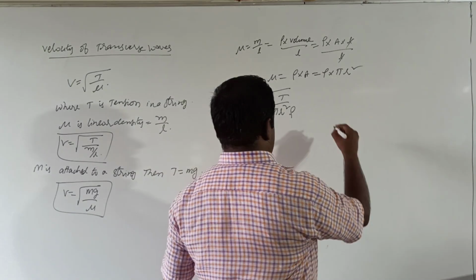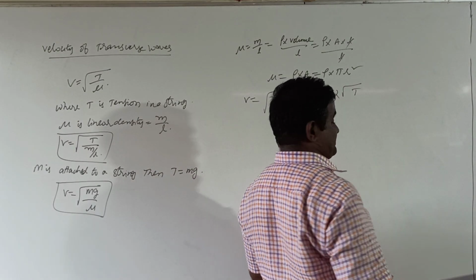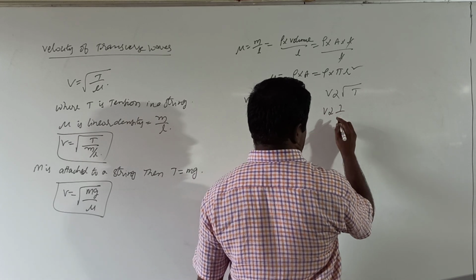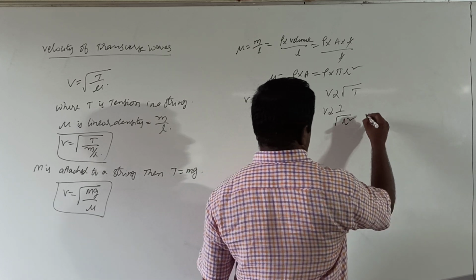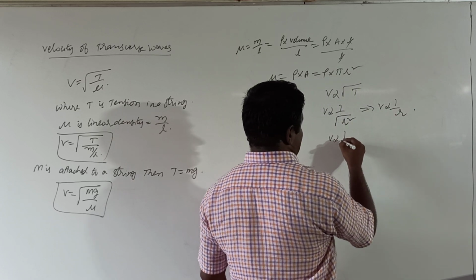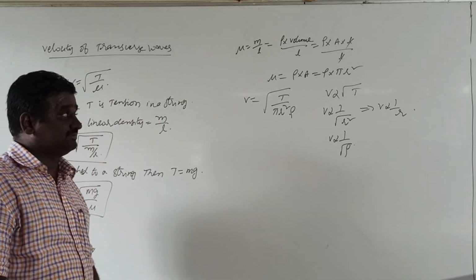From this equation, the velocity of a transverse wave is directly proportional to the square root of the tension in the string, and inversely proportional to the radius of the wire. Then v is inversely proportional to r, and v is inversely proportional to the square root of the density of the string.